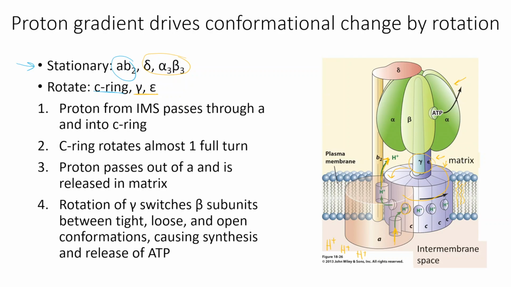In that process, like I mentioned, the rotation in particular of this gamma subunit is going to switch the beta subunits in between 3 different conformations. And these conformations are called tight, loose, and open. And these tight, loose, and open conformations are actually what is going to synthesize and release ATP. And we'll look a little bit more about how that works on the next slide.